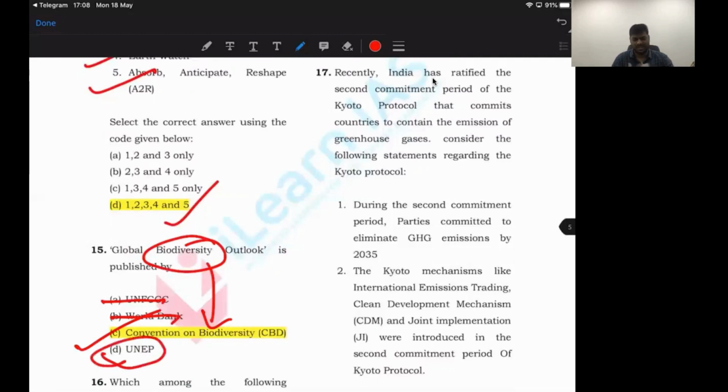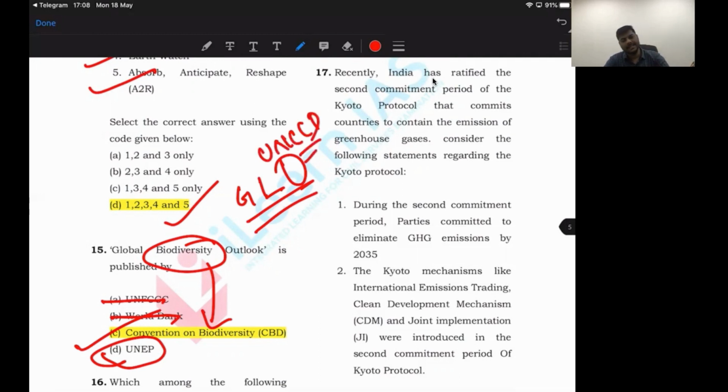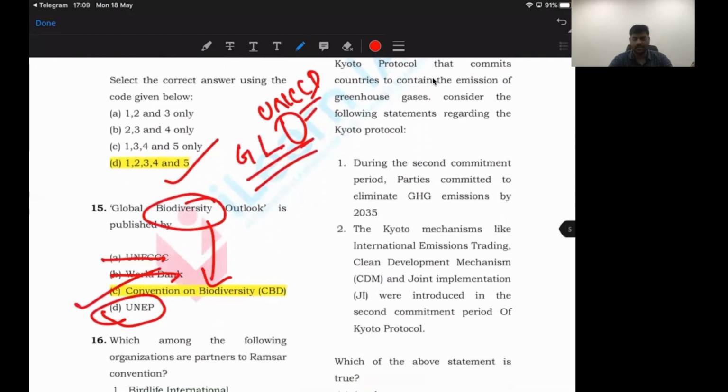UNDP is regarding the general environment, but here we have a closer option. Just like the Global Land Outlook is published by UNCCD, because UNCCD is associated with land, here in the 15th one UNCBD is the correct answer.